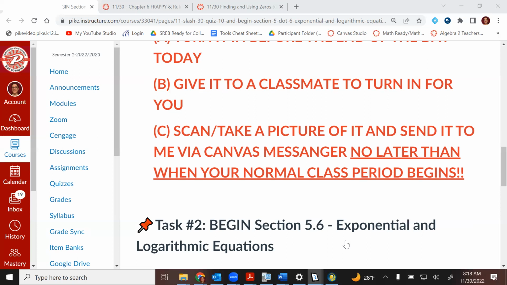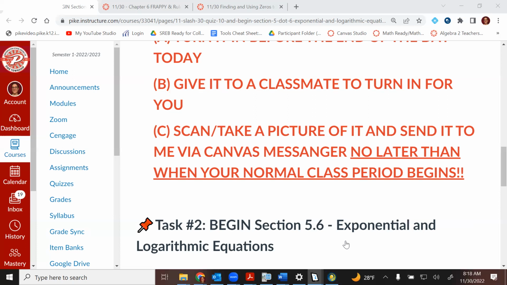What about number 2? How would you approach number 2? Change the 16. We're going to rewrite that as what? 4 to the second power, 4 squared. And then that's all going to be taken to the power of x plus 9 equals 4 to the power of x minus 2.